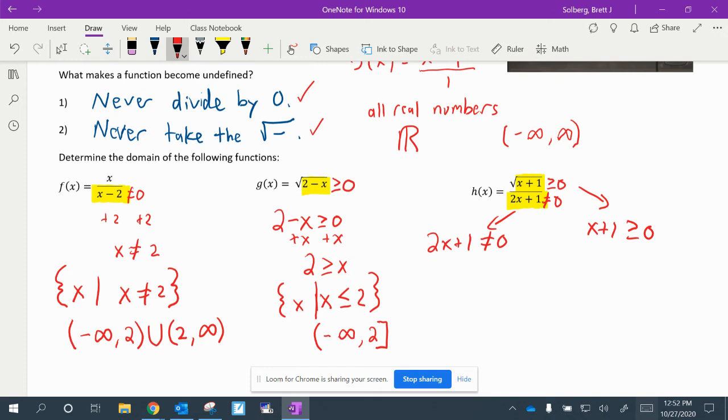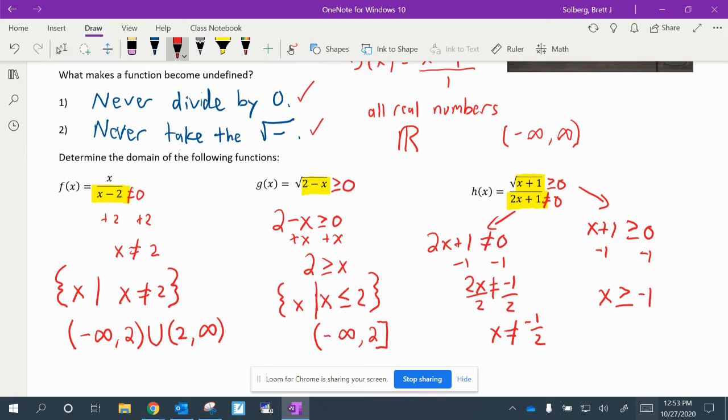Then I'm just going to solve. From here, I'll subtract 1, and then divide by 2, and I get x cannot equal negative 1/2. If I plugged in negative 1/2, it would give me 0 in the bottom. That's not okay. Then over here, I get x needs to be greater than or equal to negative 1.